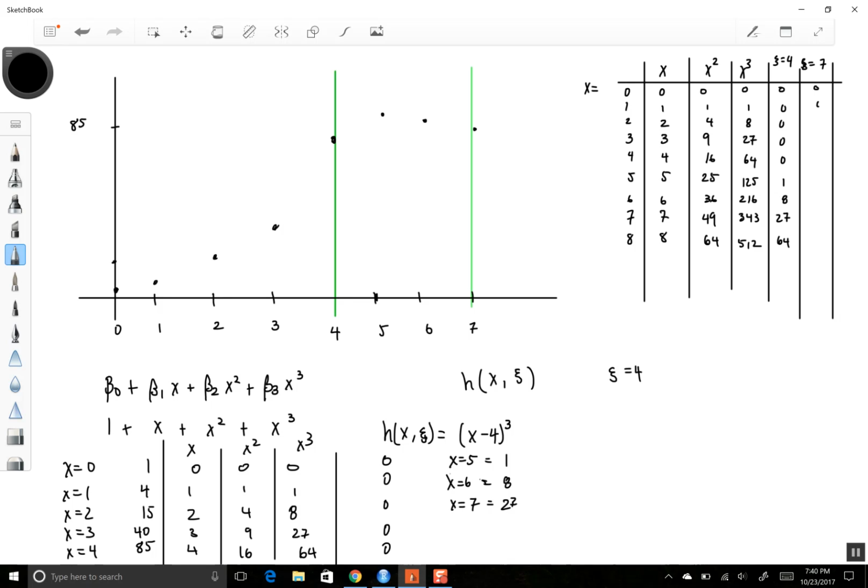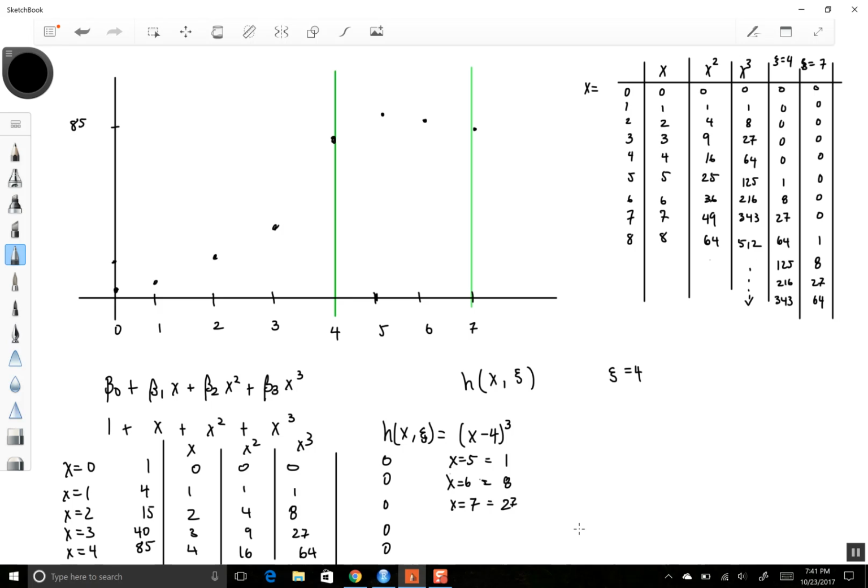And then with xi equal to 7, everything's going to be 0 until we get to this part, and this continues 1, 8, 27, 64, 125, 216, 343, and so on and so forth.